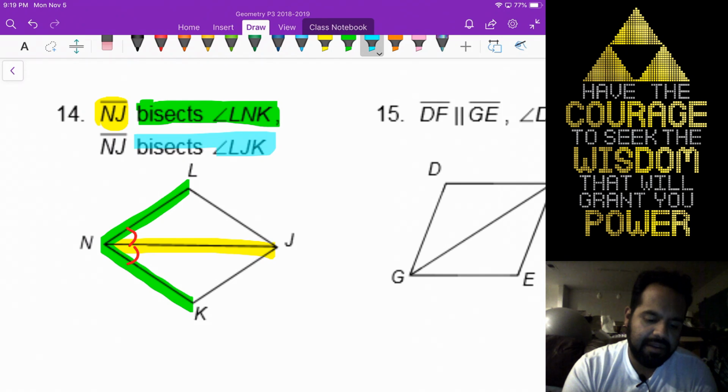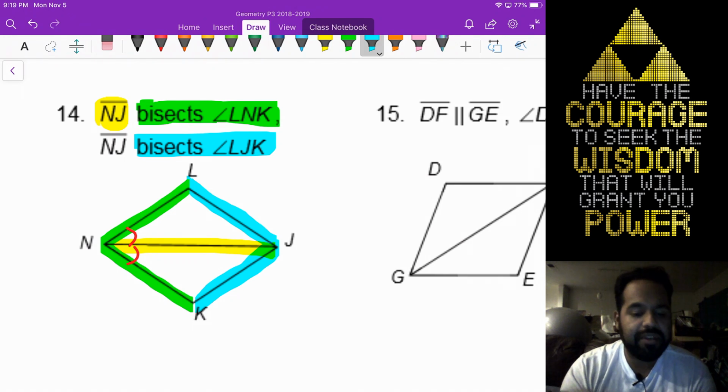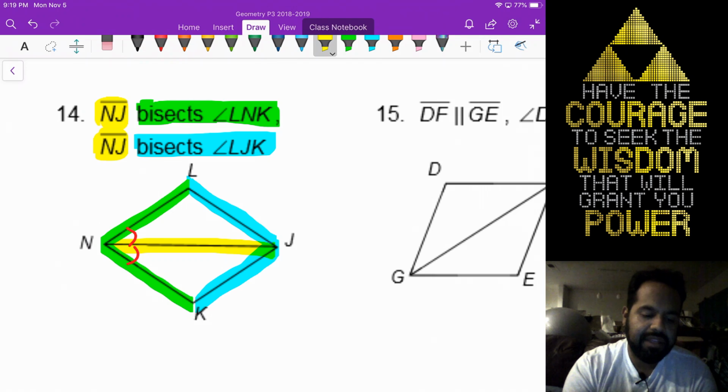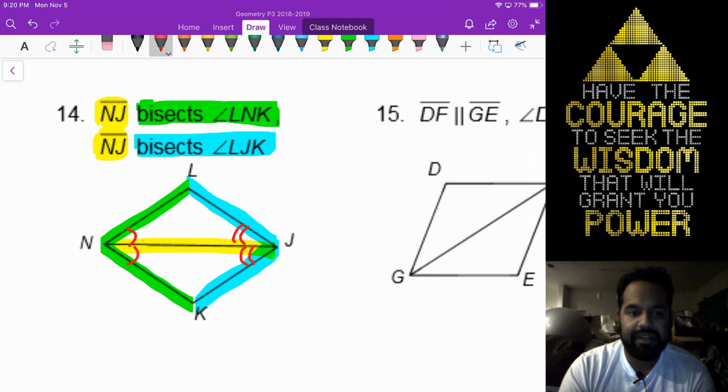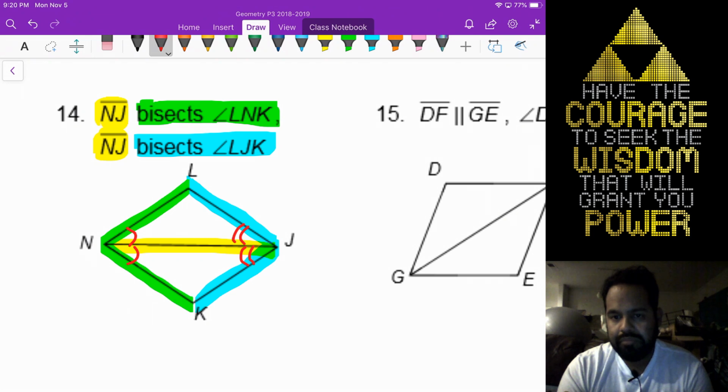Then, right here, LJK. Right here. So now I'm looking at this other angle, and now that corner here and this corner are split into two equal parts. So then we're done with the givens.